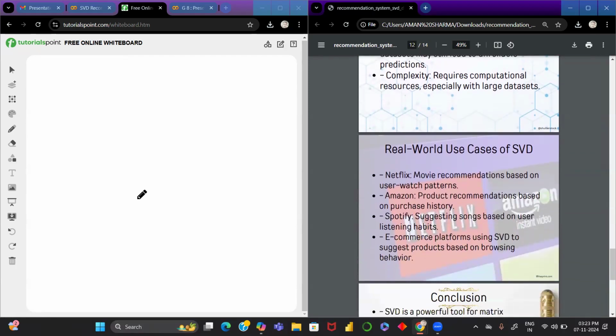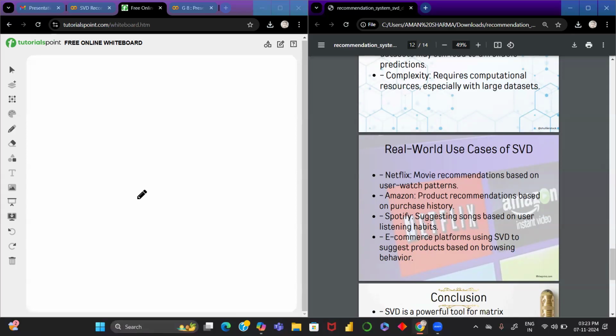The real-world use case of SVD is on Netflix, the movie recommendations just shown in the Python code. Similarly, on Amazon, they recommend products similar to the search history or buying history of that user.